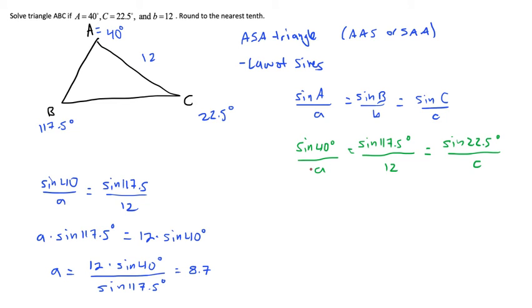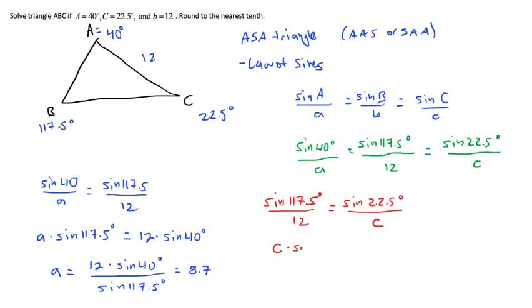So then, how are we going to find side C? Same idea, we have a proportion. As long as we know 3 different values, we should be able to work backwards and find a fourth. So let's set it up. Sine 117.5 over 12 is going to equal the sine of 22.5 over C. Similarly, we'll cross multiply these.